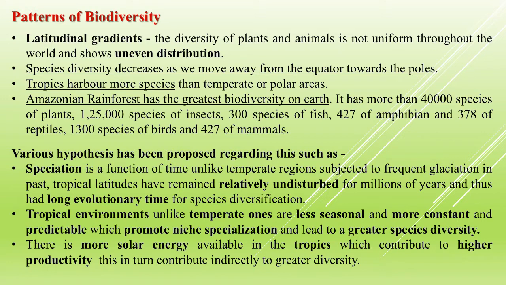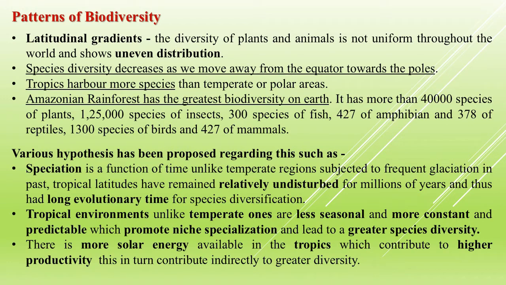Now the next one is the solar energy which is available in a particular region. There is more solar energy available in the tropics which contributes to higher productivity. But in the polar region, the availability of solar energy is less, which leads to less productivity.